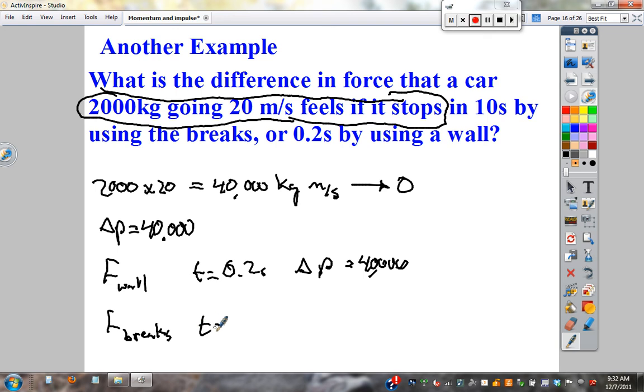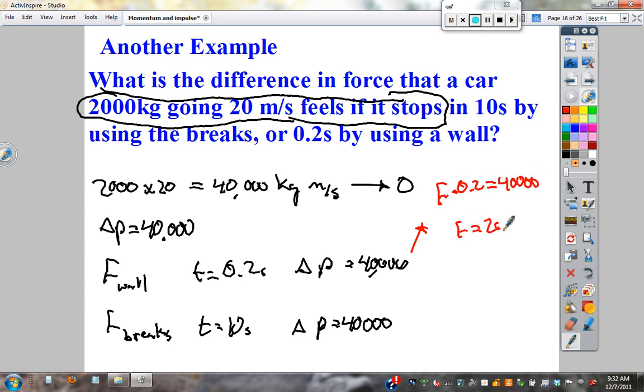Gently hitting the brakes feels a stopping time of 10 seconds and feels a change in momentum of 40,000. I want you to find the difference between these two forces. In order to do that, you have to solve for each force first. So for example, force from the wall, force times time equals change in momentum.